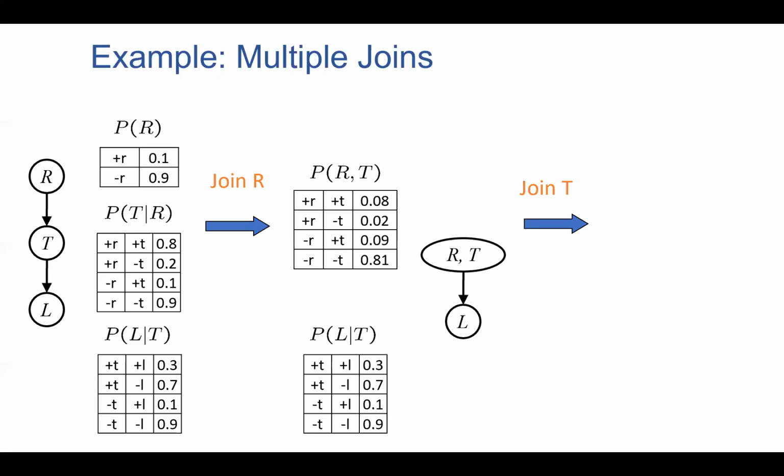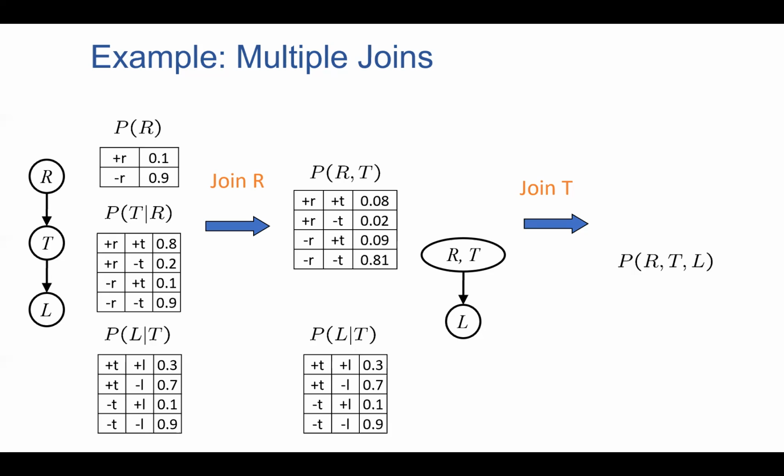We're joining R together. And now we'll join T because you see both tables have T, and then finally we will have to sum out for R and T. All we mean is we will have to look at the consistent rows here and consistent rows here, and we will just simply multiply them together like this.